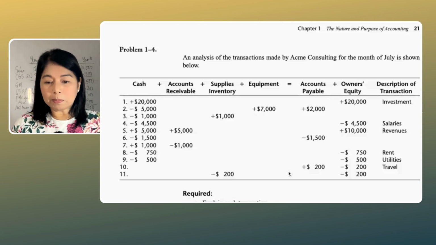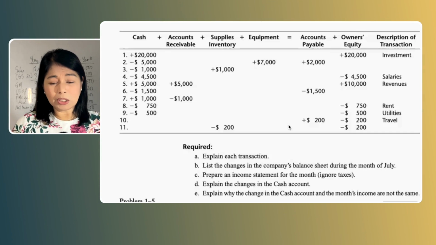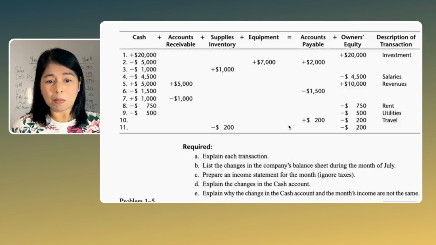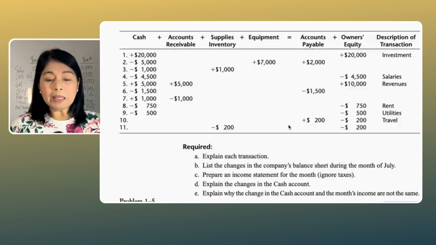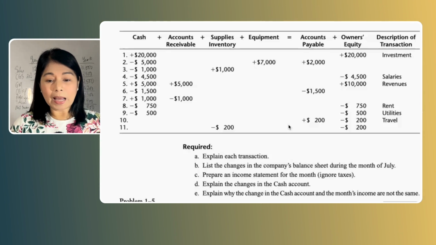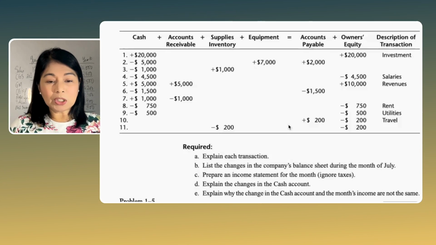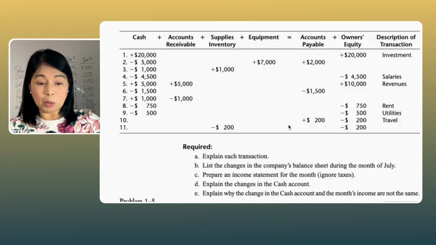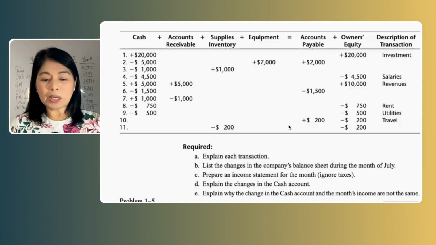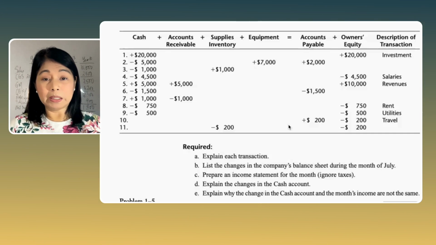So basically explain each transaction, list the changes in the company's balance sheet during the month of July. So we will do a balance sheet. Prepare an income statement for the month, ignore taxes, explain the changes in the cash account. We will just look at the leftmost column, and explain why the change in the cash account and the month's income are not the same.